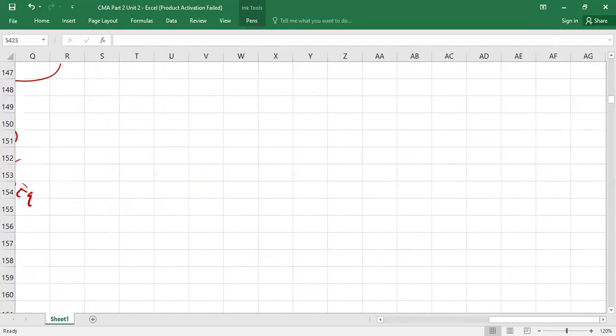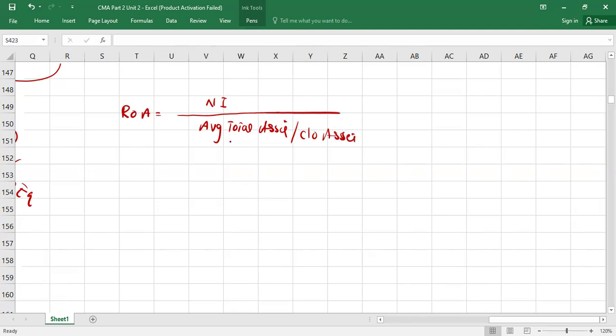Now I'm moving to some other things. Please make sure of one thing. What was the formula for return on asset? You have to think about this. The formula was net income divided by average total assets or closing assets. If opening and closing are given, you need to use the average, otherwise closing assets, multiplied by 100.